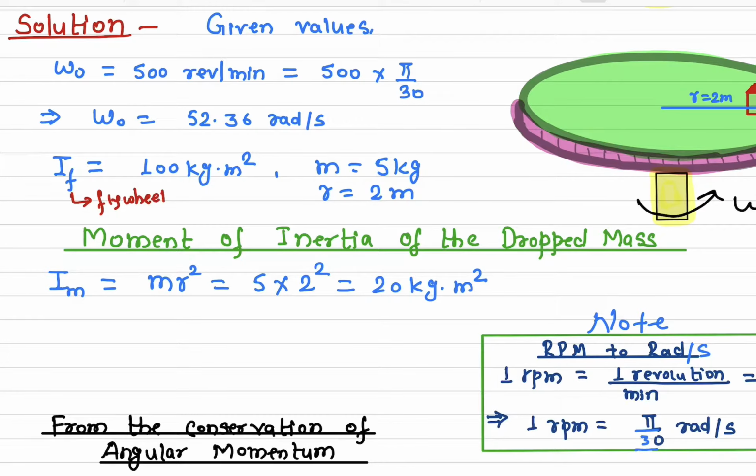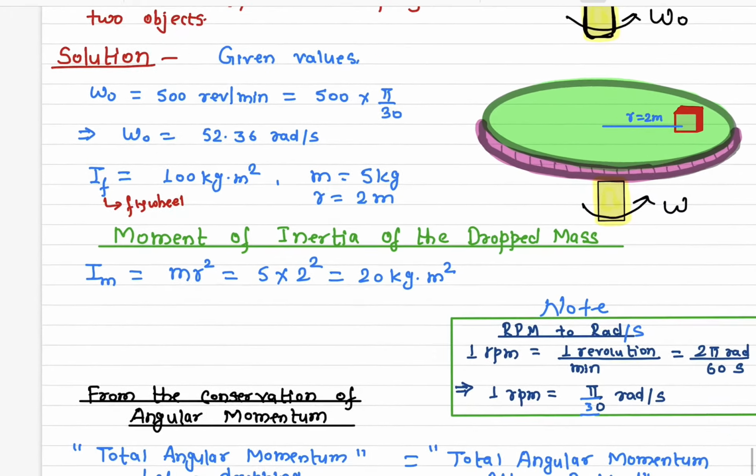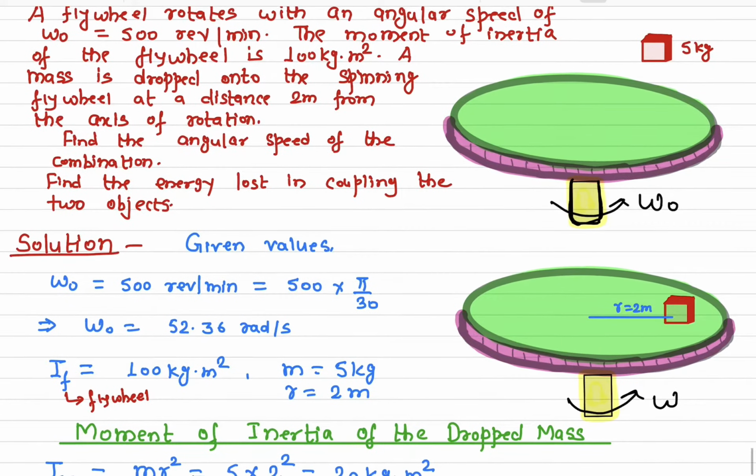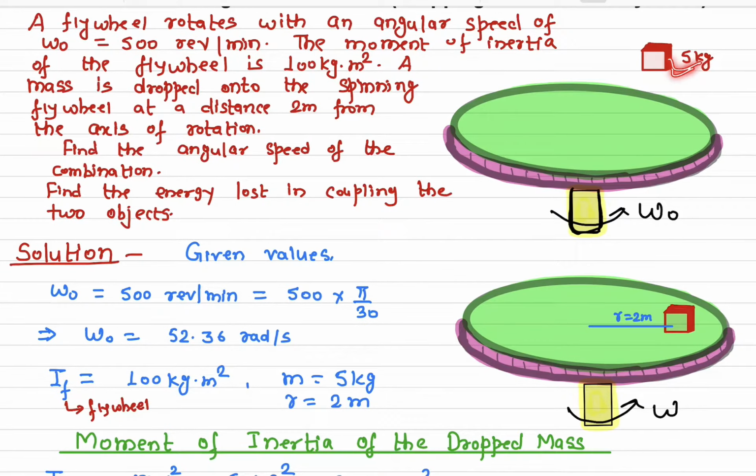The other quantity that is given is the moment of inertia of the flywheel. Here F stands for the flywheel, which is 100 kilogram meter square. The mass is 5 kilogram, and the distance to which it is dropped is 2 meter, this distance.